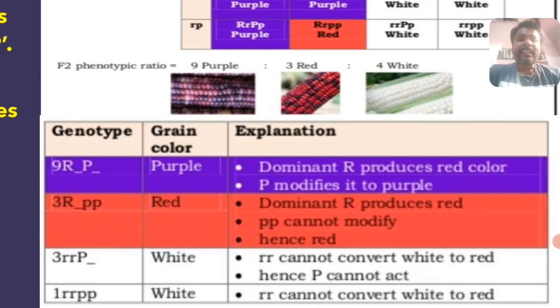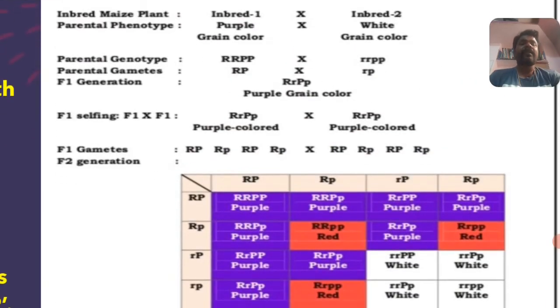And one more is small r, small p, which is always white because it is the original parental combination. R cannot convert white to red. These combinations, 9:3:4, are the phenotypic ratio of what?